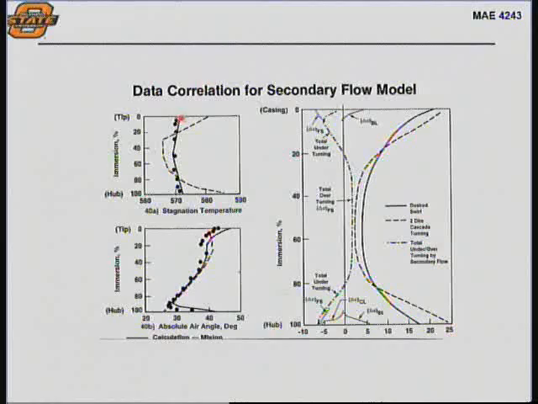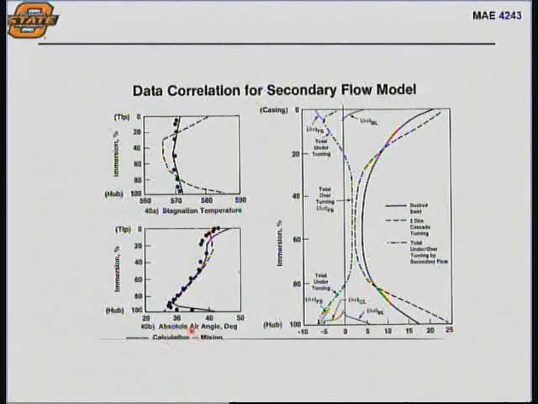Makes sense, and so the temperatures won't deviate that much at the tip and the hub, and that's what this solid line is. The symbols are actual test data, so this correlation that predicts the secondary flow model is able to capture what's really going on much better.